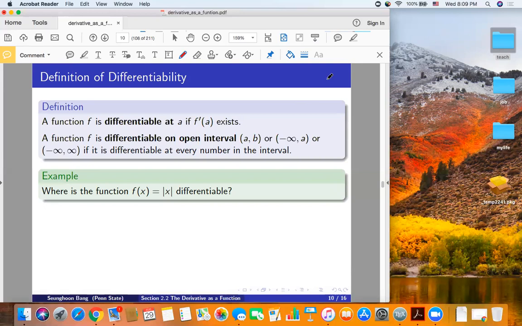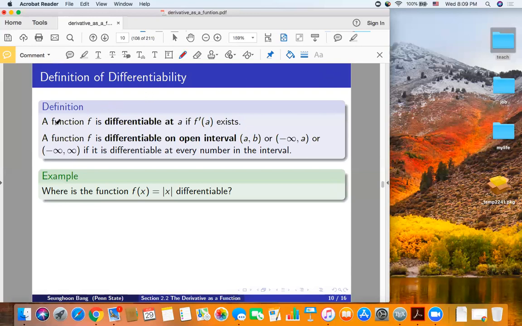Positive numbers? What about negative numbers? The non-negative numbers? So let me see. I want to use a geometric method for solving this problem.